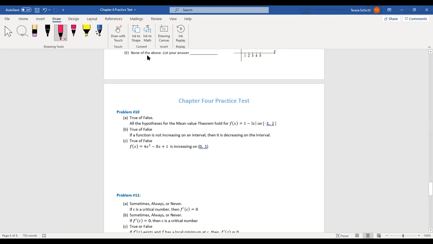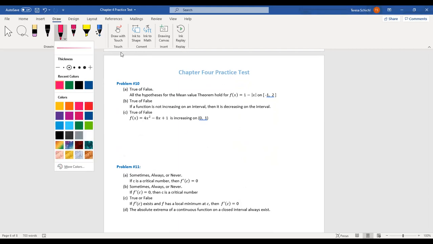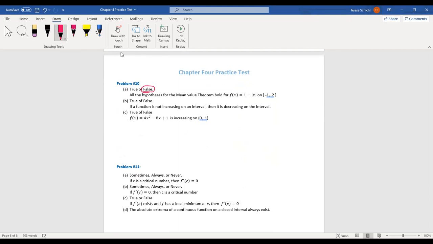Okay, so number 10, the true and false here. Let's see here. All the hypotheses for the mean value theorem hold for this one. So it's true or false? This one is false. So which one is false? Because we said for the mean value theorem, there has to be what?